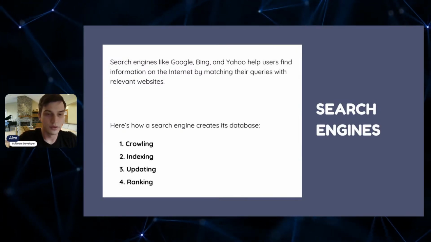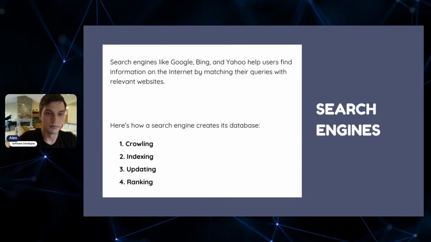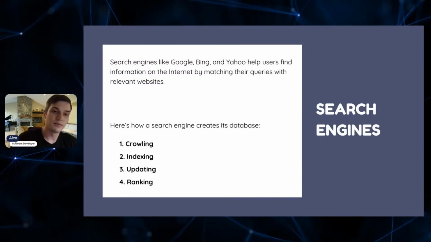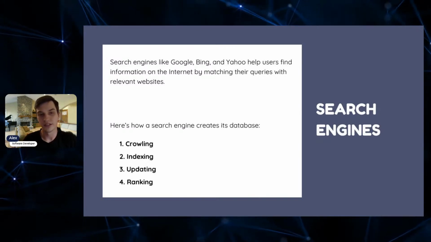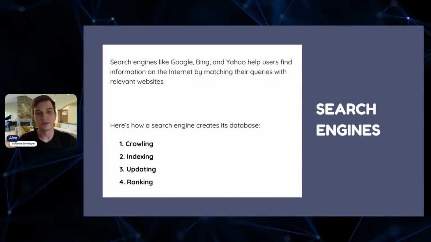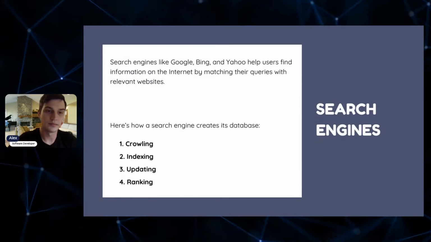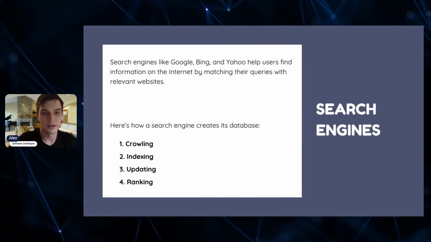The third thing they do is update this database. They do it all the time, when you sleep, when you work, they are crawling and looking for updates, updating their database. And the most important thing, which makes the internet really useful, is ranking.